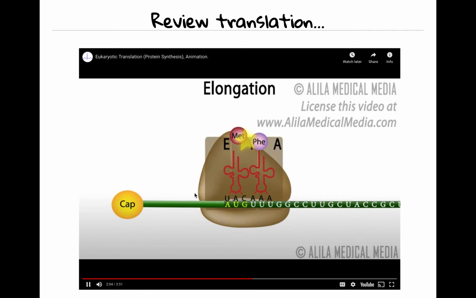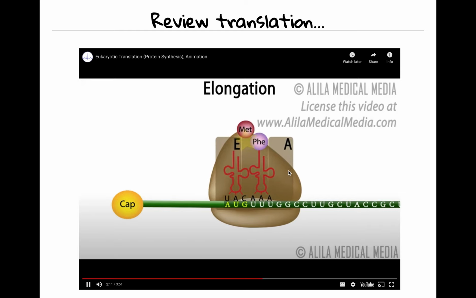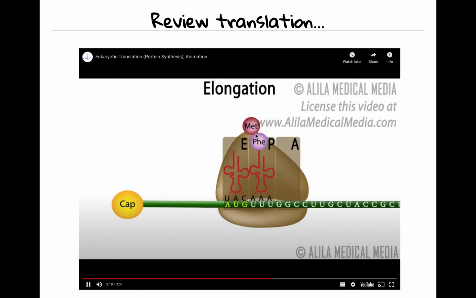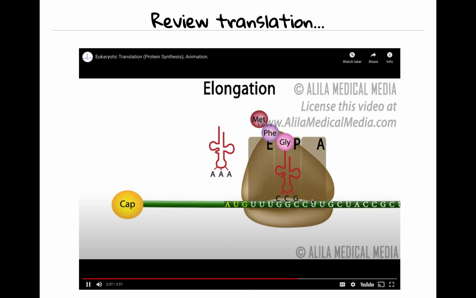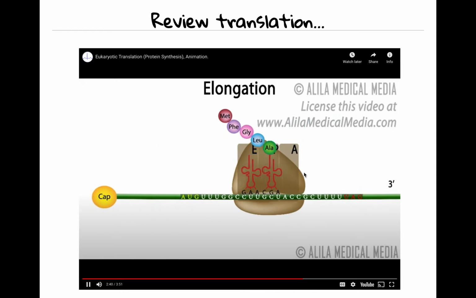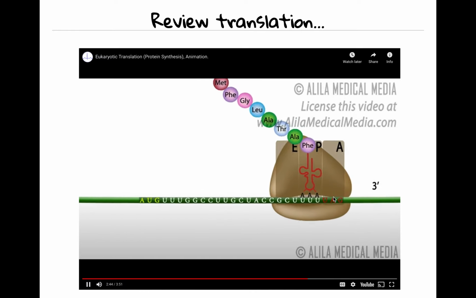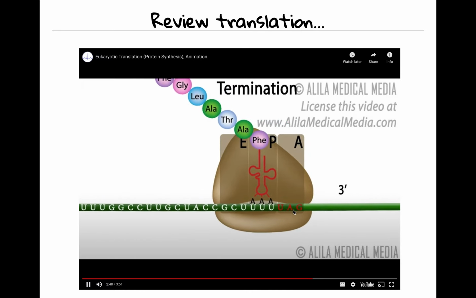The whole ribosome is then going to shift down the mRNA, and the incoming tRNA is now moved to the P site, and it has the growing amino acid chain. The empty tRNA at the E site is then going to be let go, and this tRNA can be recycled and used to add new amino acids. All incoming new amino acids are going to be added at each new codon until the stop codon is reached.